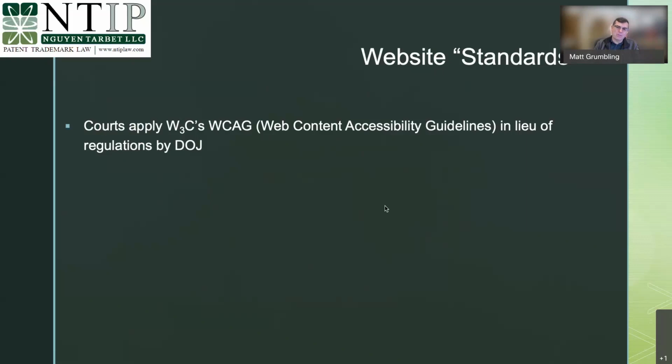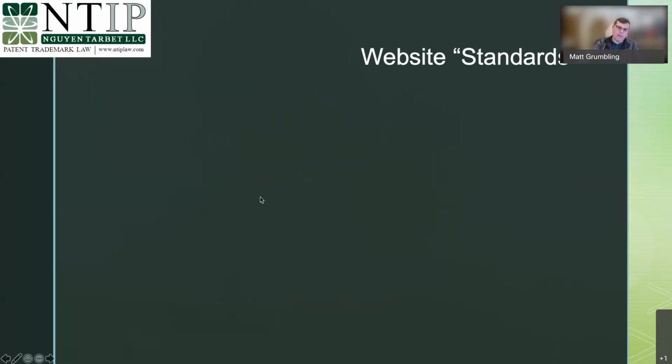Well, and since a certain vice president invented the internet, we've had at least 20 years to adopt these accessibility guidelines, and DOJ has yet to do it. They promulgated some intention of rulemaking several years ago, and they haven't done it yet. Congress was thinking about doing something last year, but they dropped the ball. So now the courts have to fill in the gaps.